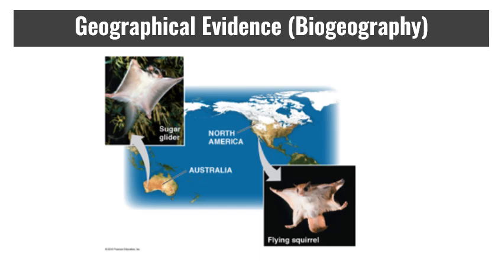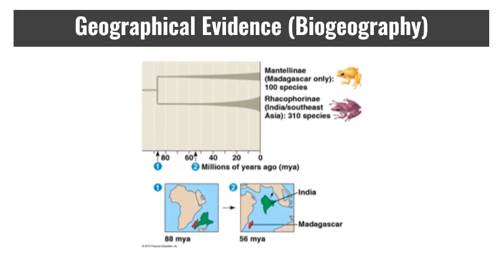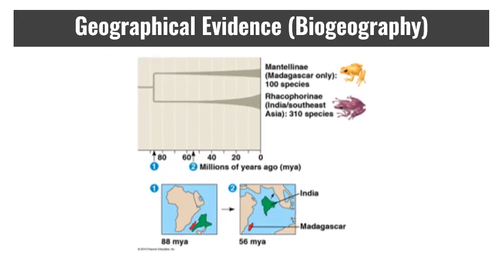That would be an example of a biogeographic piece of evidence. With the diversity of frogs in India and Madagascar and Africa, we can track the genetic changes back to the divergence of these plates, all the way back to Pangaean effects in some cases.